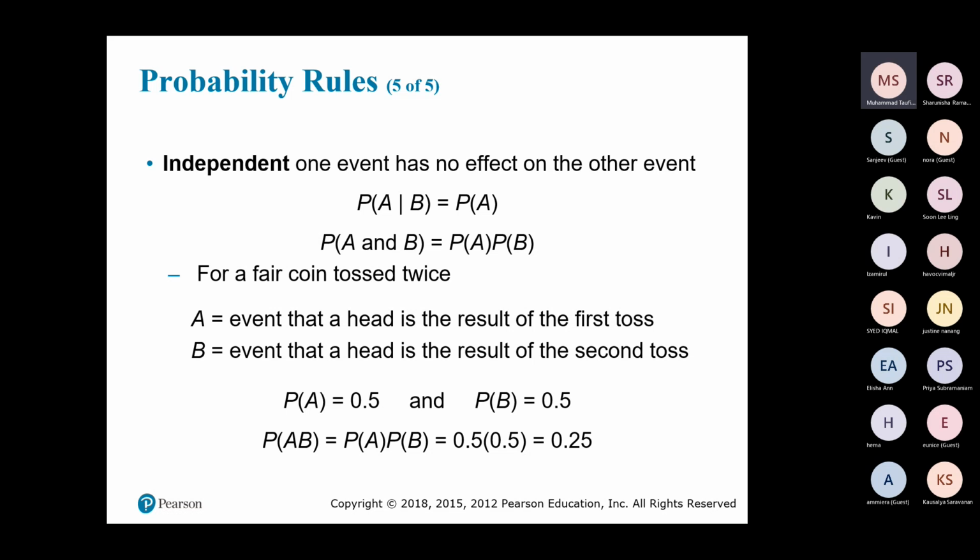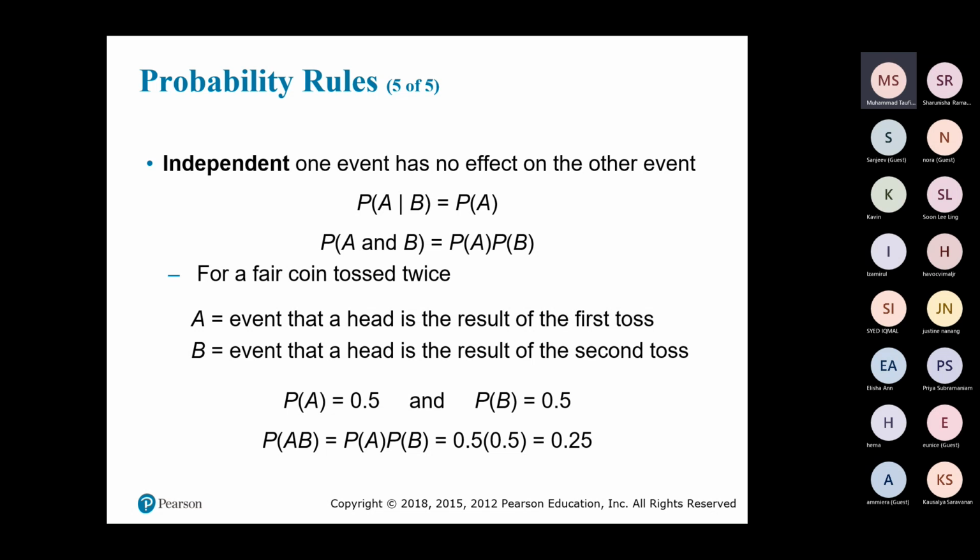For example, let's say I'm tossing a coin. The probability of getting head on the second toss, if the first coin toss is head, is 1/2. Why?